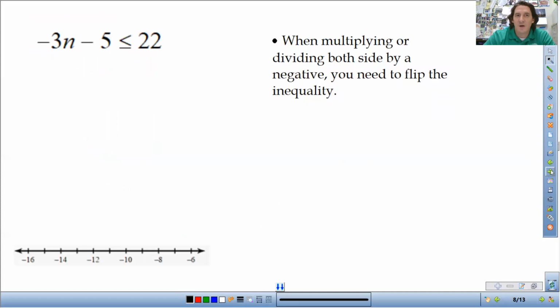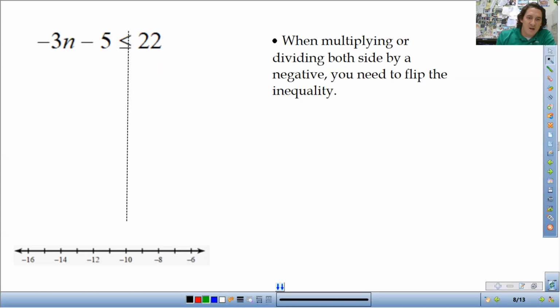So this is where we get a slight difference between solving inequalities and solving equations. That is when you're multiplying or dividing both sides by a negative. When solving, you need to flip the inequality. The inequality flips. All right? So how this works.